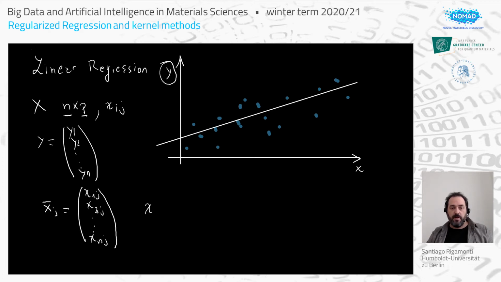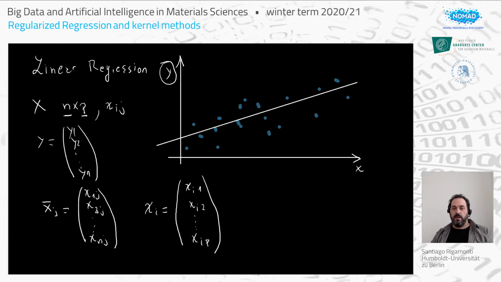If I do not put a bar, I will be meaning just a row of the input matrix, of course represented here as a column vector. So it will be the input variable for sample i and column 1, here same sample i and column 2, until sample i and column p. So this represents our column space, this is our row space.